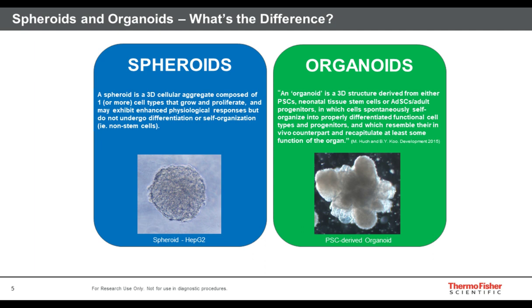But for our purposes anyway, a spheroid is really just a 3D aggregate of a cell line or primary cells that self-aggregates into what almost looks like a ball of cells. The cells in these spheroids are able to grow and proliferate, and they may display some altered or enhanced physiological responses compared to their 2D counterparts.